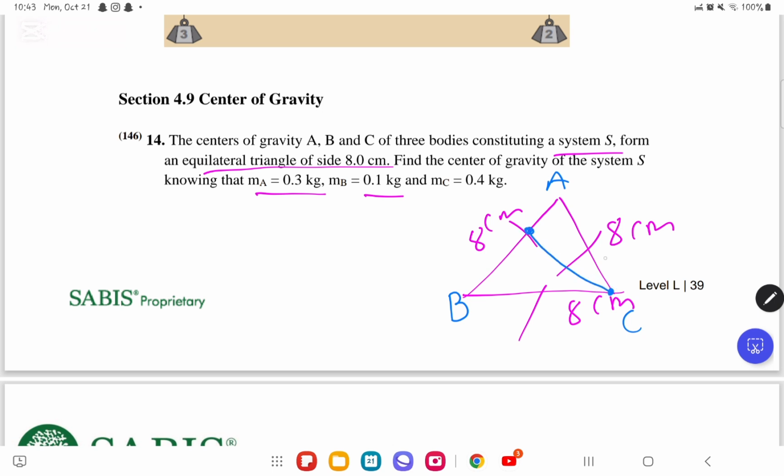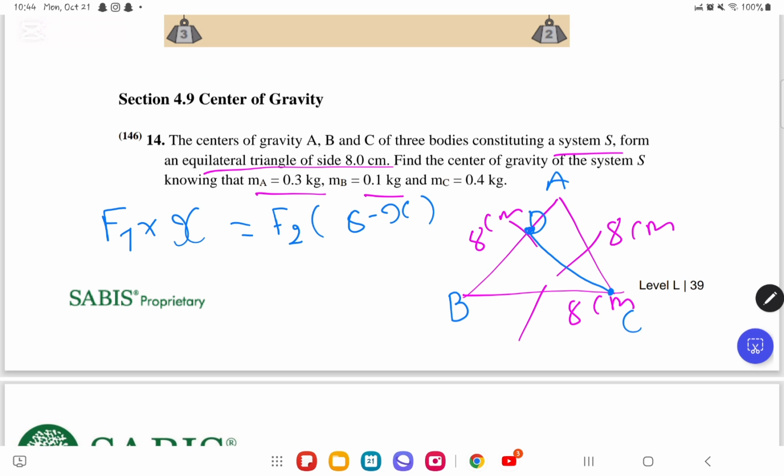It's suspended from point C all the way until here, which we will call point D. Now we know that the rule of the center of gravity is force 1 multiplied by the perpendicular distance 1, or force 1 times x, is equal to force 2 times the total distance, which is 8 minus x.